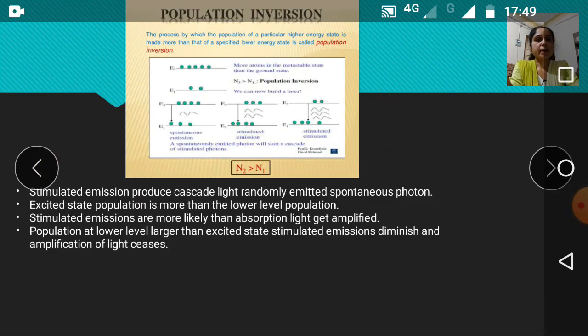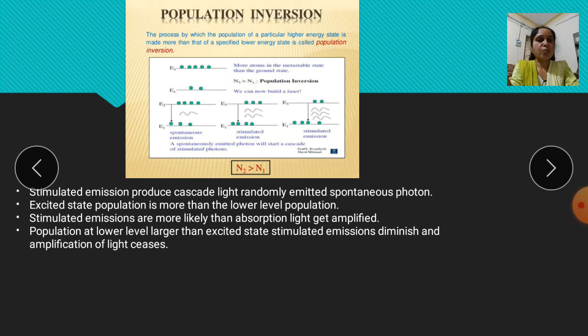So in this way, stimulated emission is more likely than absorption, and light gets amplified. Excited state atoms go downward to the ground state. So in this way, more and more atoms, according to stimulated and spontaneous emissions, are present in the ground state, so the ground state will be filled with atoms.